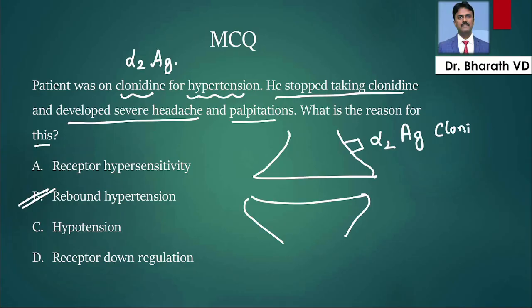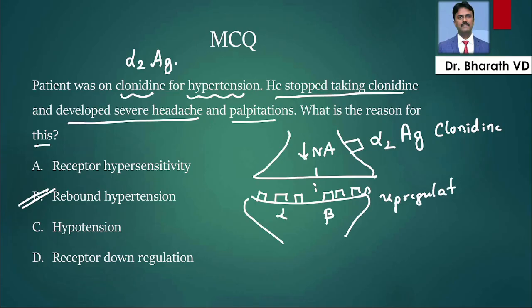So when you are giving this clonidine every day, it will decrease noradrenaline release. So what happens if noradrenaline is not coming down? The alpha and beta receptors cannot get activated. So they keep on increasing in number. If you don't stimulate them, the receptor will undergo upregulation.